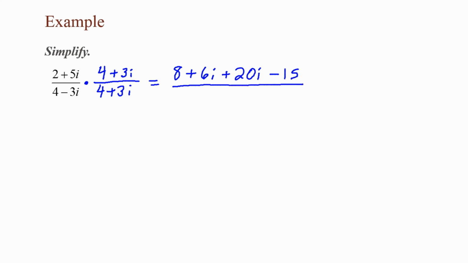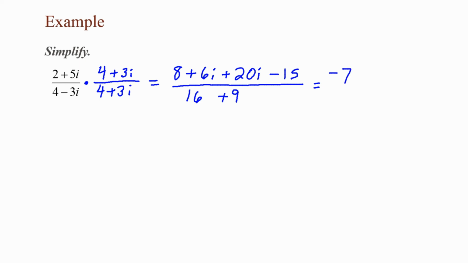All over, using FOIL again, 4 times 4 is 16. Since I'm using the conjugate, I know my middle terms will cancel. Negative 3i times a positive 3i is a positive 9. So this equals, starting with my real number, 8 minus 15 is a negative 7.